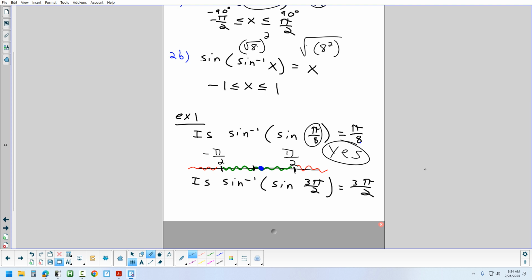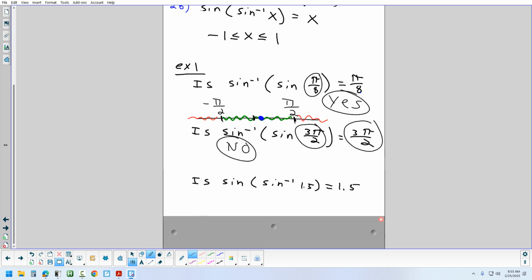So if I type that in, will I get back the answer I started with? No, it's too big. Whenever you do inverse sine, you will always get an answer between negative pi over 2 and positive pi over 2. You will never get an answer that big. Okay, so that one's done. All right, let's try this one.